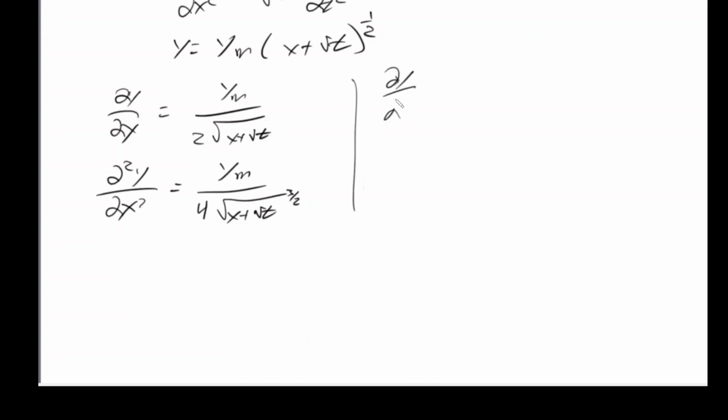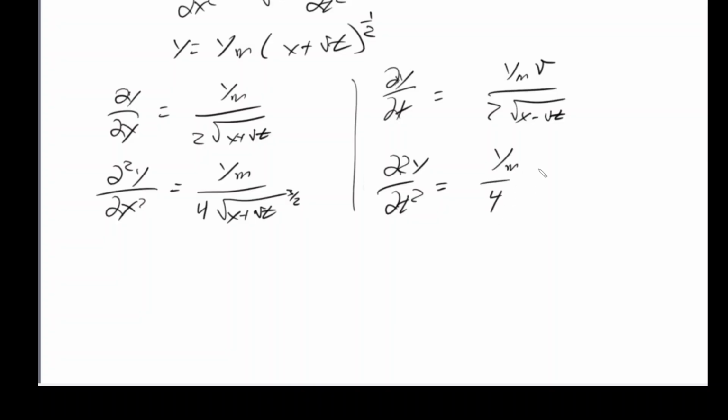So dy dt is equal to ym times v over 2 times the square root of x plus vt. And the second derivative of y with respect to t is equal to y sub m over 4 times v squared over the square root of x plus vt to the 3/2 power.